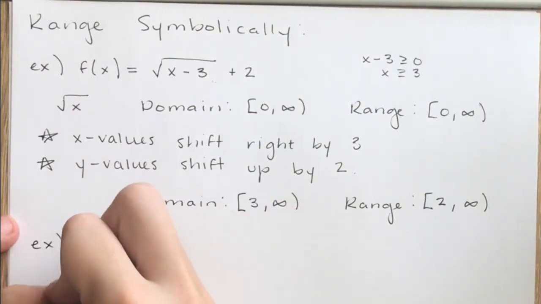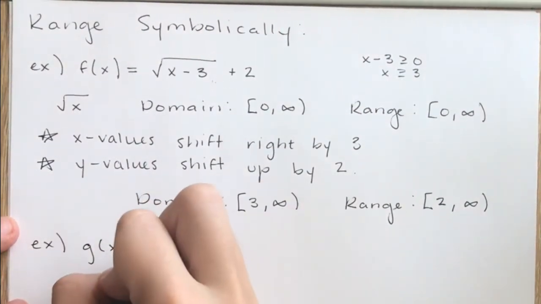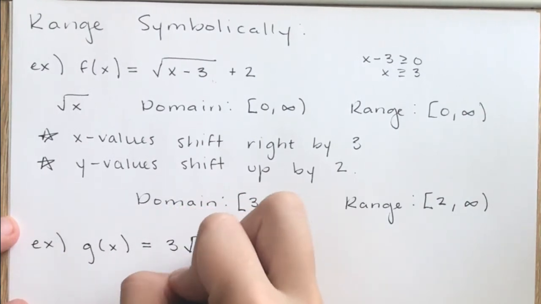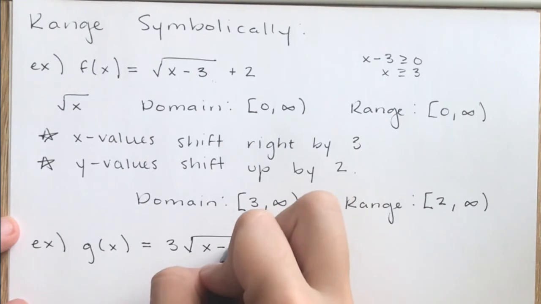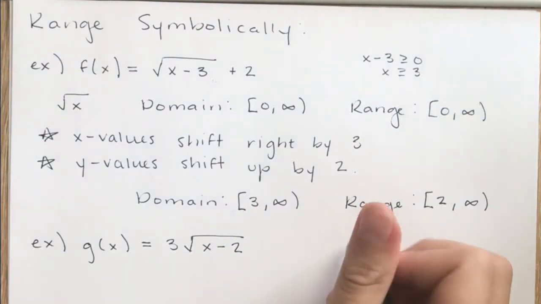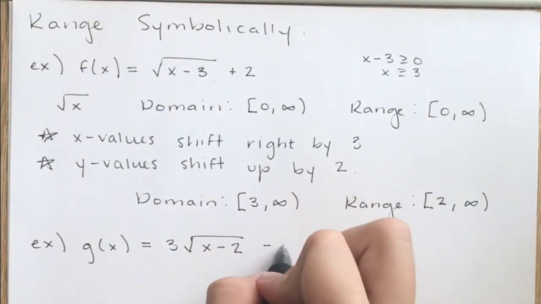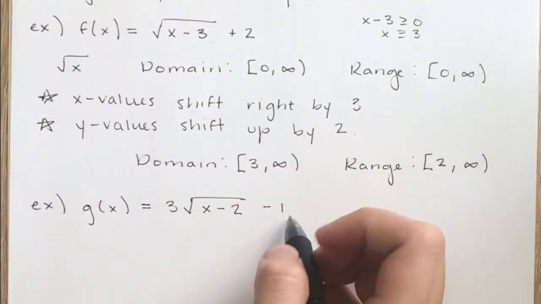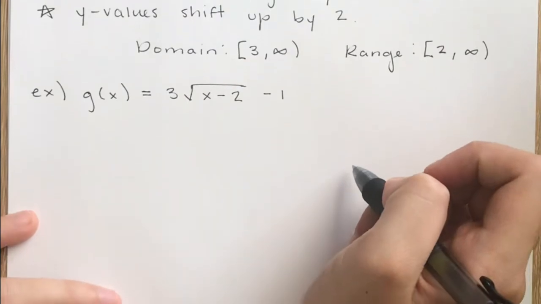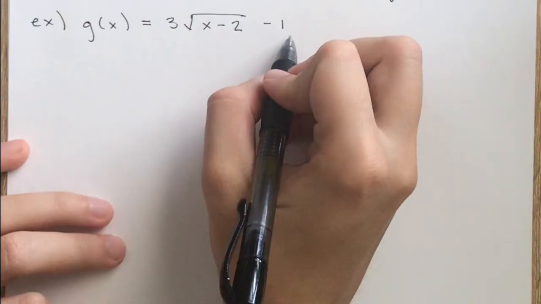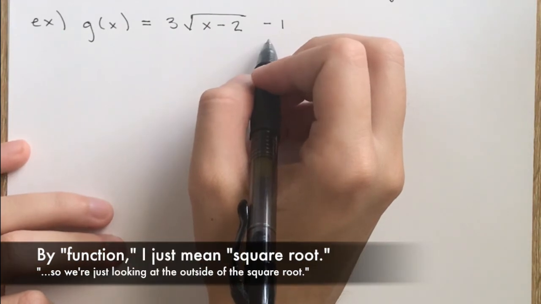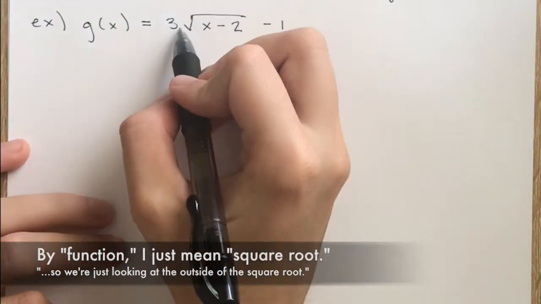What happens if we multiply? Let's do minus 1 this time. Okay, so looking at this next one, let's just focus on range for the sake of time. So we're just looking at the outside of the function. What are we doing?